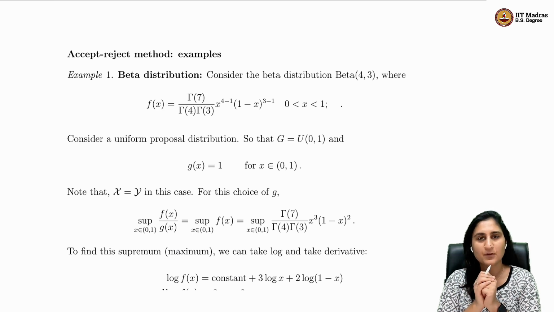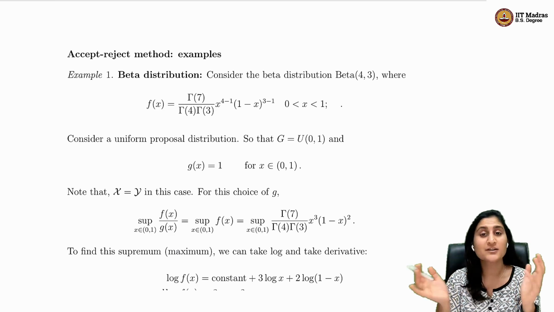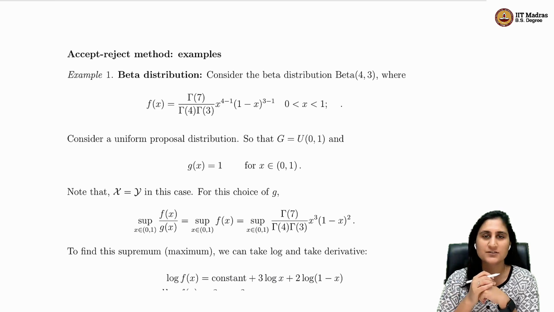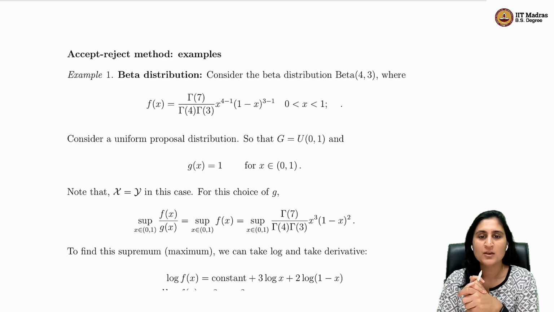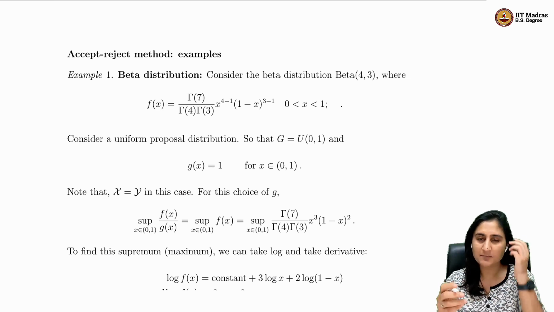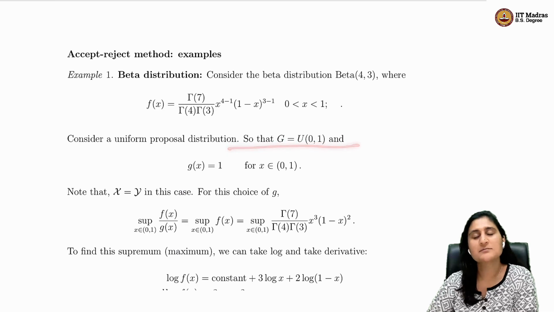Now, the larger the support I choose, the more wasteful it is, because any value proposed outside of the support of the target distribution will immediately not be accepted. So I need to choose as small a support of the proposal as possible. And in this case, that becomes (0, 1). And a default reasonable proposal on (0, 1) is the uniform distribution on (0, 1).